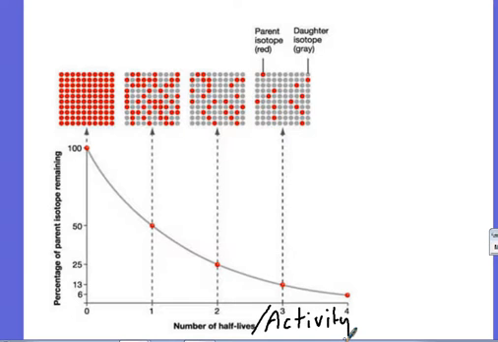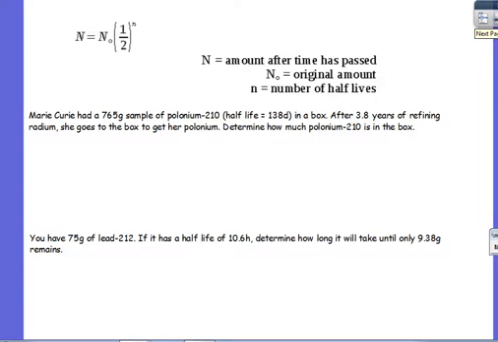On the y-axis here, we have percentage of parent isotope remaining. We could have an amount in grams, kilograms, it doesn't matter. We'd still have that same shape. Now, based off of that shape of the graph, we have this equation. So it's a logarithm. However, we don't need to be really good with logarithms to understand these types of questions.